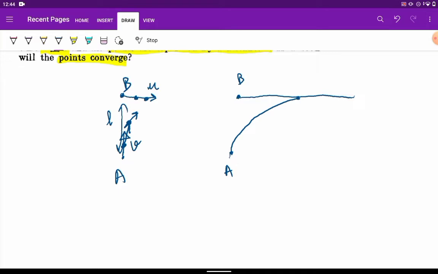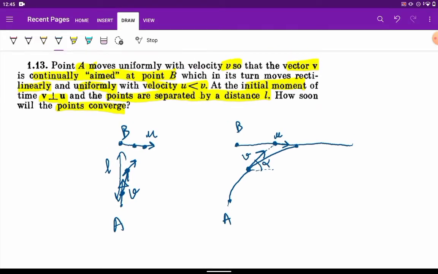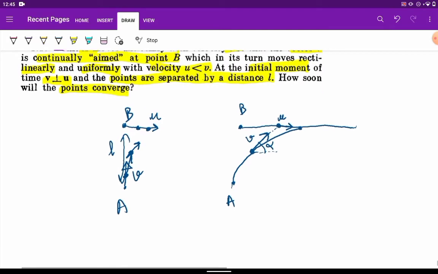So let's say at any point t, this is the v direction, and the angle with the horizontal is, let's say, alpha. It is directed towards B at that point t, and B's velocity magnitude is u, which is less than v.